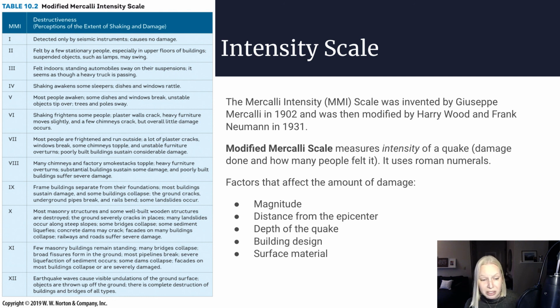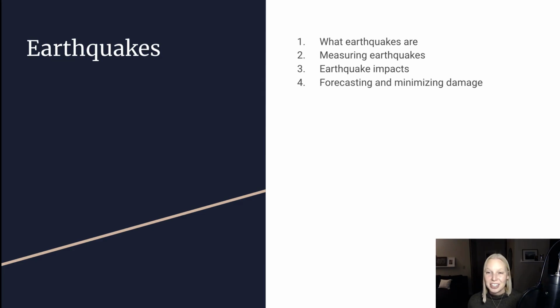And facades of buildings collapsed or were severely damaged, with complete destruction of buildings. So this scale is really helpful for describing the intensity, or how we as humans really feel that earthquake and how we experience it. So in this video, I talked about what earthquakes are and how we measure them.